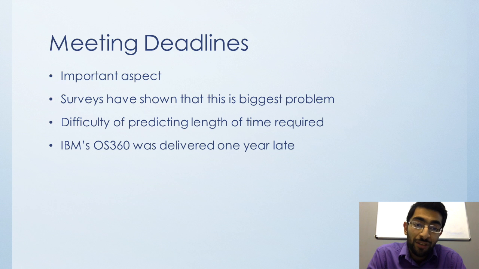Evidence suggests that around 60% of projects exceed their initial budgets, and around 50% are completed late. Whatever the exact figures, meeting deadlines is clearly a problem. Back in the late 1980s, I think, IBM launched OS/360, as I discussed earlier, for its prime new range of computers, basically one year late.